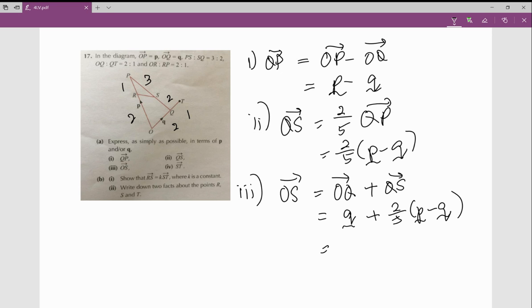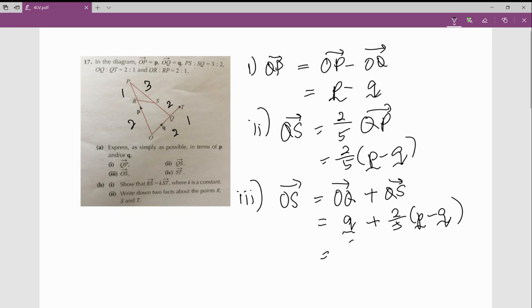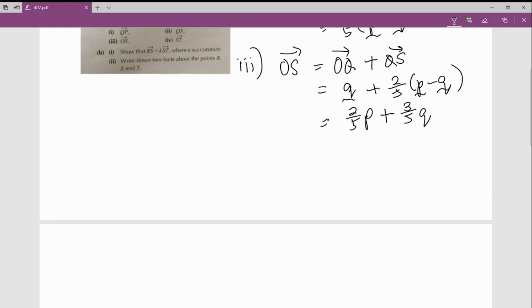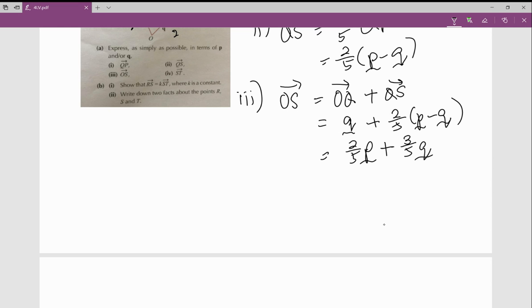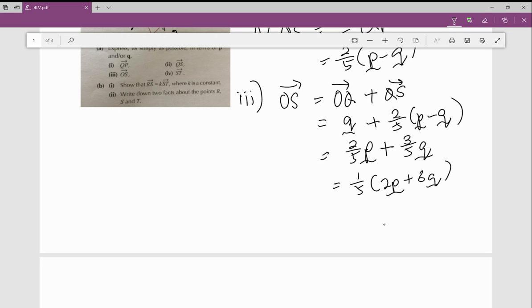Let me simplify this. It is 2/5 P plus 3/5 Q. Now, you can leave your answer like this. You don't really have to factorize, but I think it's good practice to factorize: 1/5 (2P plus 3Q). It is not necessary, but it's usually good practice.